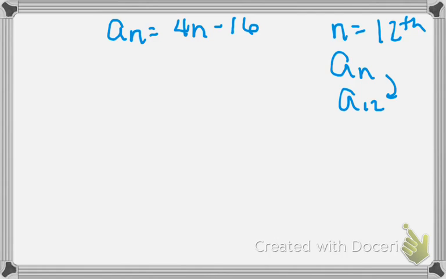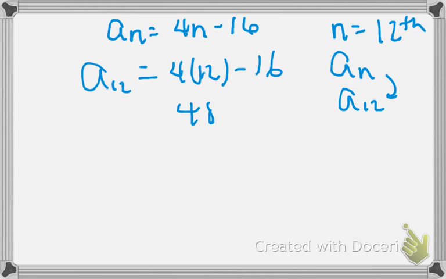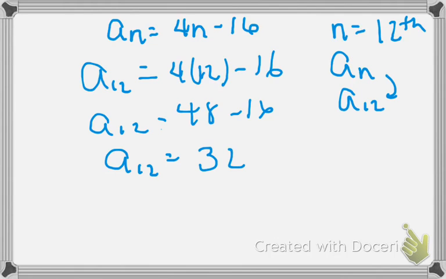So all you do is put 12 in for n. A sub 12 is 4 times 12 minus 16, which is 48 minus 16. So the 12th number in our sequence is 32, if I did my math correctly.